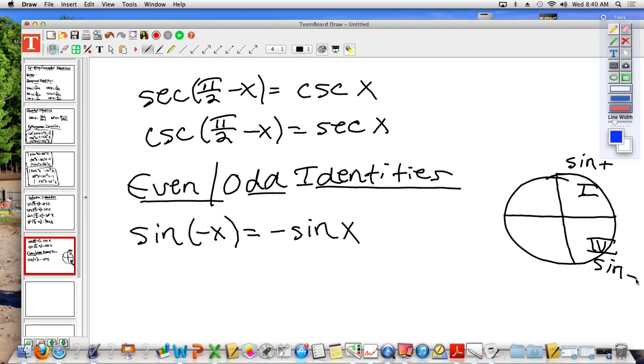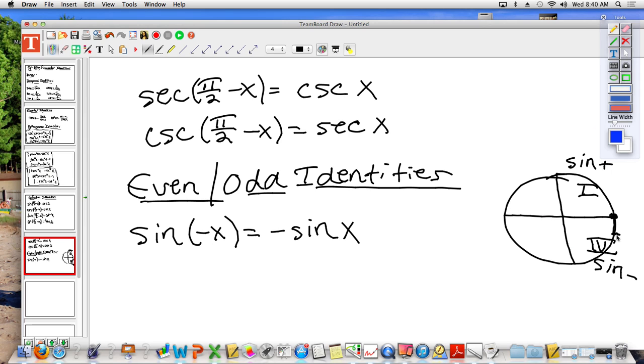So this says to us, if you have the sine of a negative x, in other words, we start here at 0 degrees, and we move down in a negative direction. Are you with me here? Let's say we just stop right here. Is our sine value going to be positive or negative? Negative. Well, that is the same thing as taking the opposite of the sine if we had rotated in a positive direction the same number of degrees that I had rotated in a negative direction.